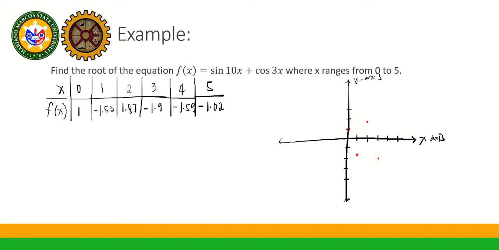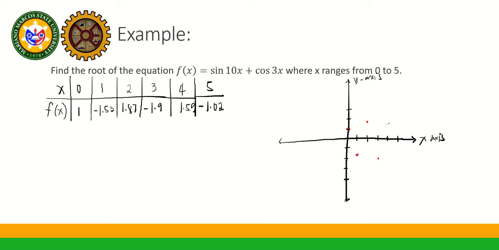And for x is equal to 4, that is negative 1.59. Negative 1.59 ba? That should be positive. Okay? So, positive dapat yan, hindi negative. So, that should be positive 1.59. Okay, next. So, 4 natin. At 4, that is positive 1.59. So, this will be 4. And for 1.59, medyo mas mababa lang siya dito.